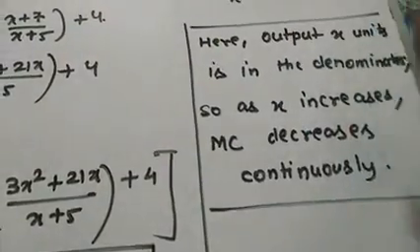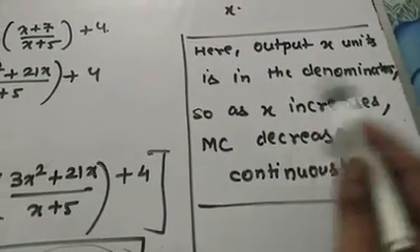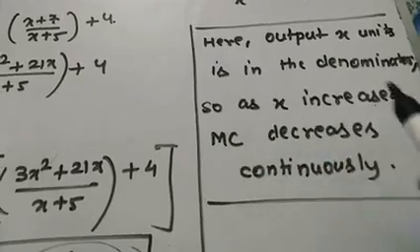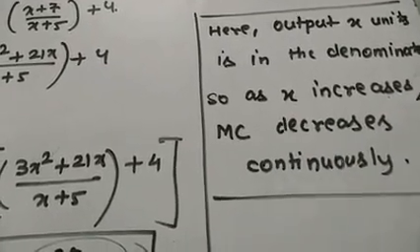Clear? As the output x unit is in the denominator, as x increases, marginal cost decreases.